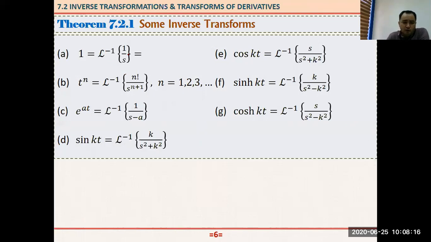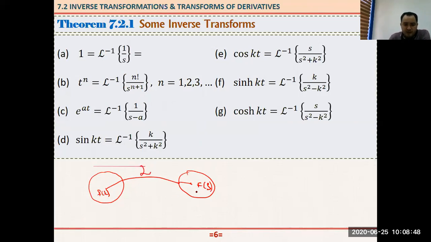The inverse transform of 1 over s is equal to 1. And we know that the Laplace transform of t to the power n is equal to n factorial over s to the power n plus 1, so the inverse transform of this function is equal to t to the power n. Yesterday we learned how to transform the function f of t into F of s using the Laplace transform.